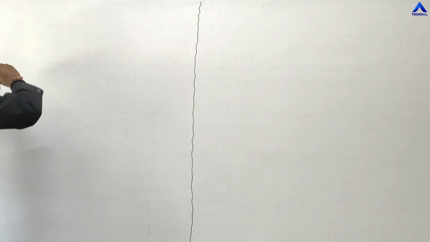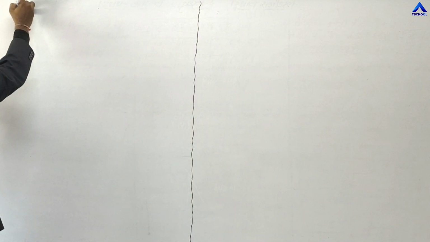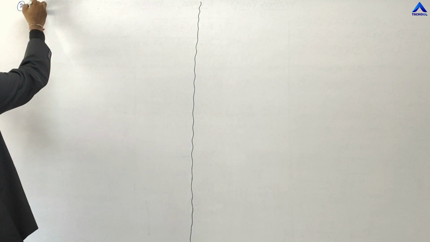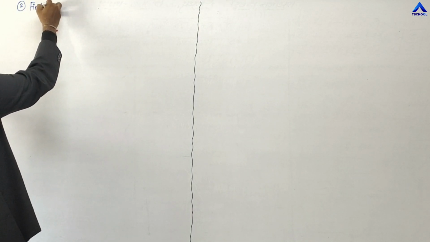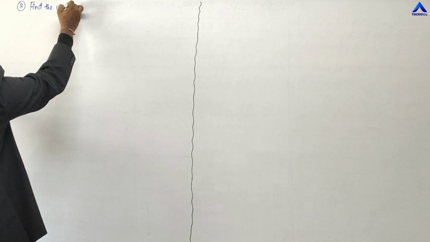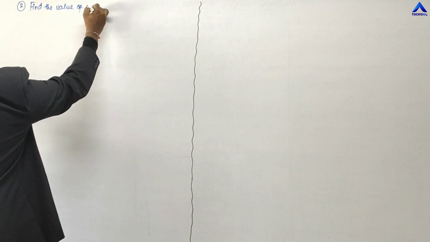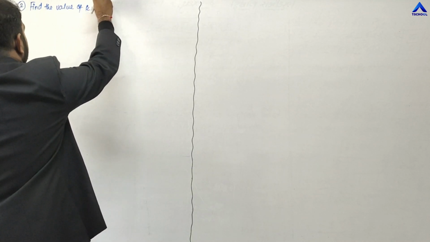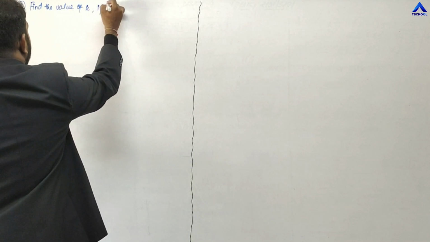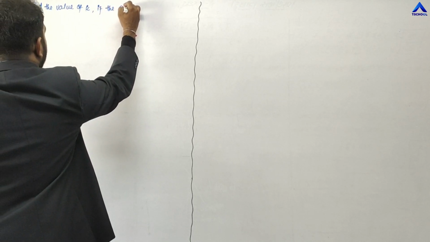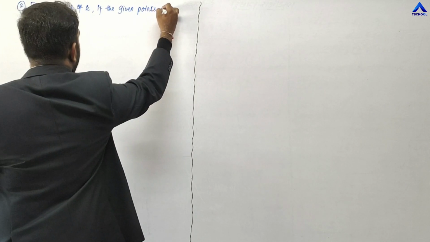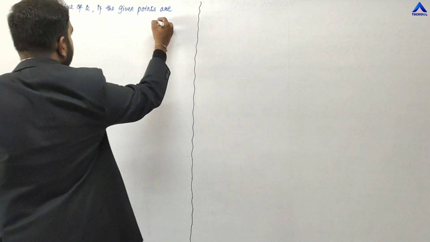Now you can see here that we are going to solve some questions that we have already solved before. The second one of today, that is find the value of k if the given points are collinear.